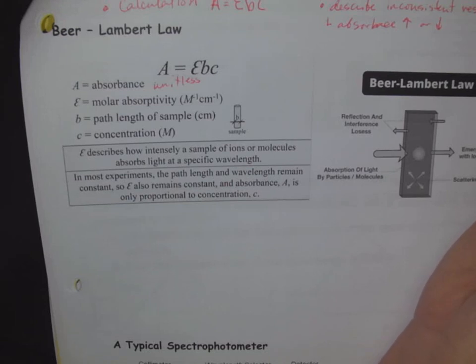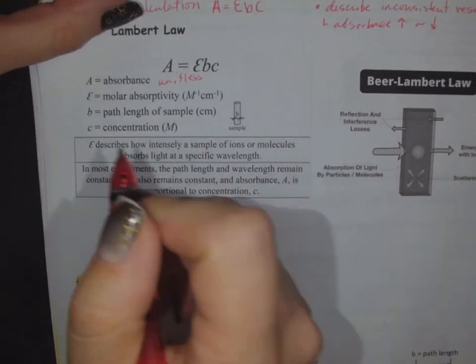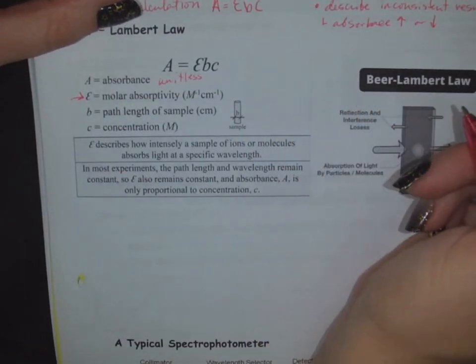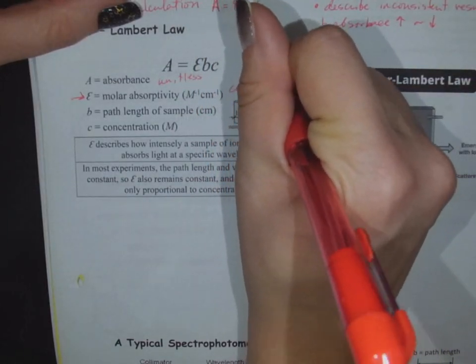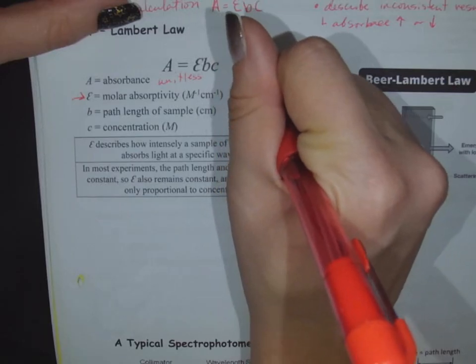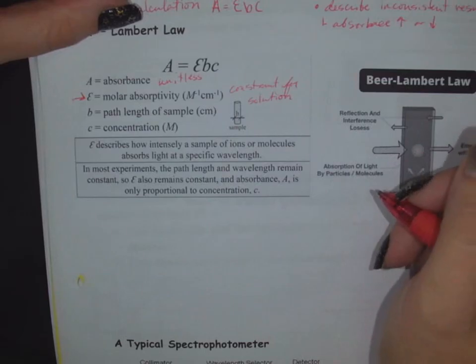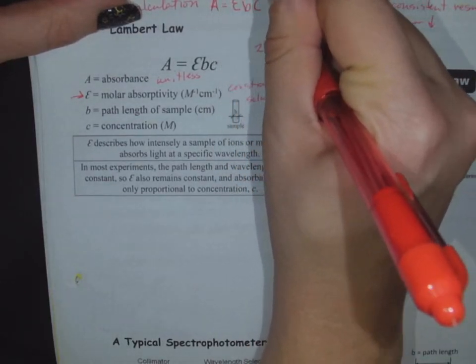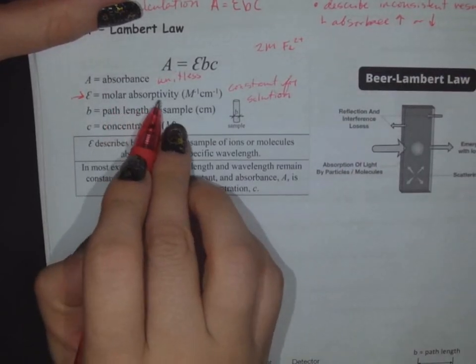So the amount of absorbance is equal to the molar absorptivity. The molar absorptivity is constant for a solution, meaning that I could have a solution of iron, let's say some 2 molar iron solution, and as long as it's an iron solution, that's going to be my molar absorptivity.